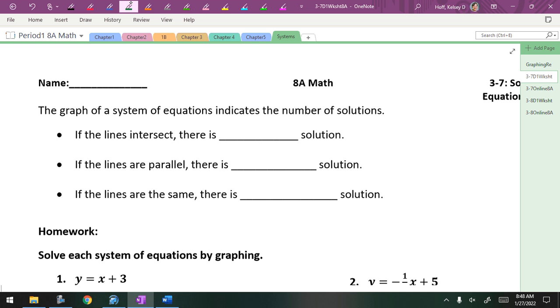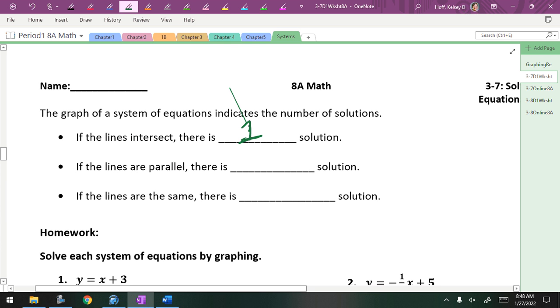Okay. The graph of a system of equations indicates the number of solutions. So this summarizes everything we just did. If the lines intersect, there is one solution. When our lines crossed, that gave us one solution.